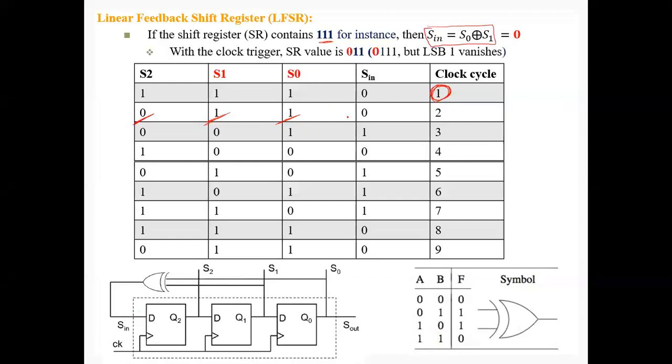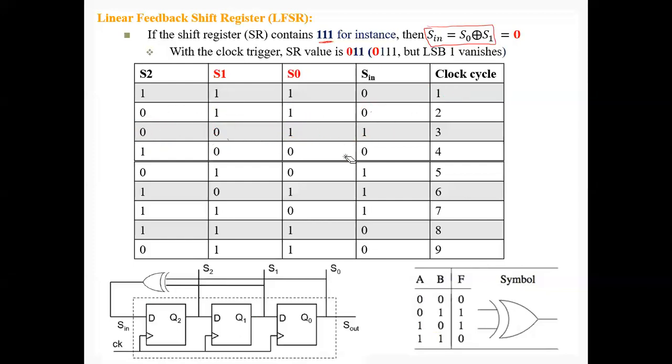What is the input in the next cycle? These two XOR together again, right? So it gives you 0 again. And this 0 pushes in. So this guy is out, this guy is here, and this guy goes in here. So you have 0, 0, 1, 1.